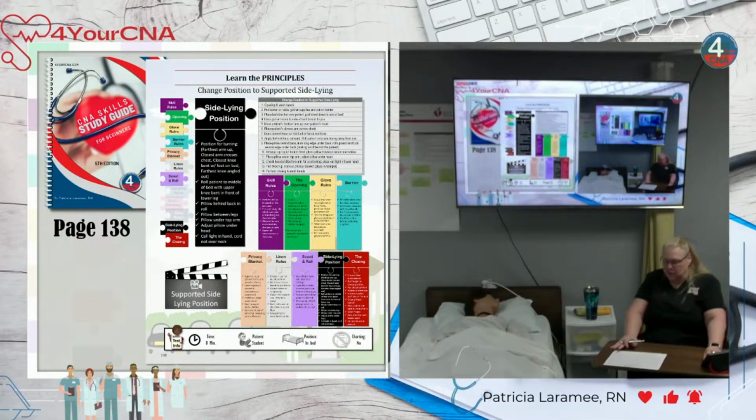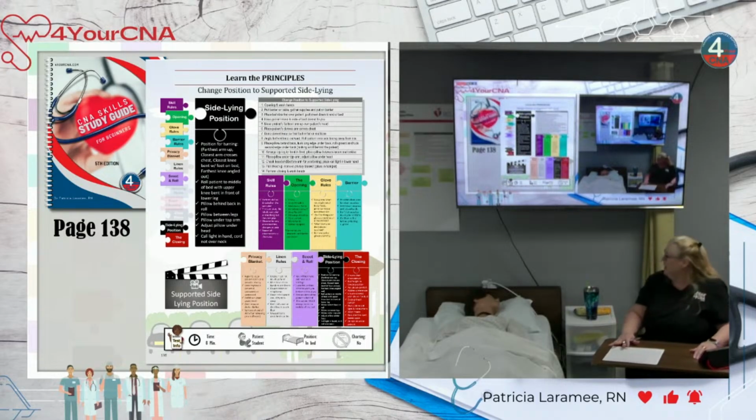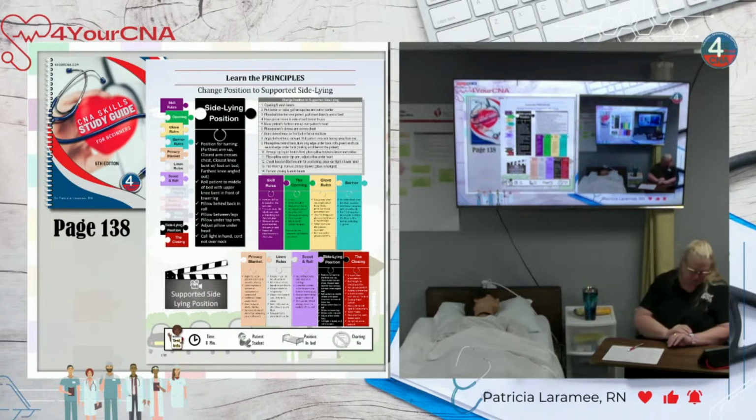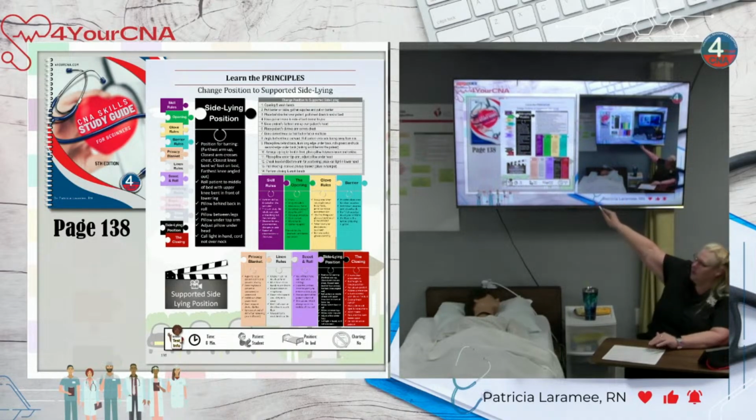Okay, so let's learn some new skills today. Page 138 is going to talk to us about side lying position. If you look down the side, you can see all the principles that are involved in this skill.